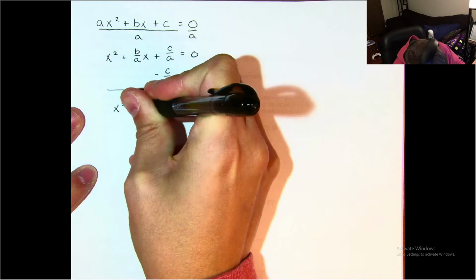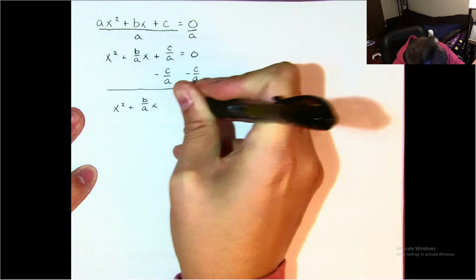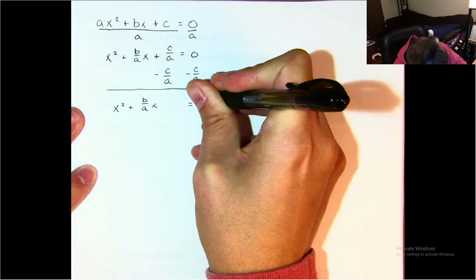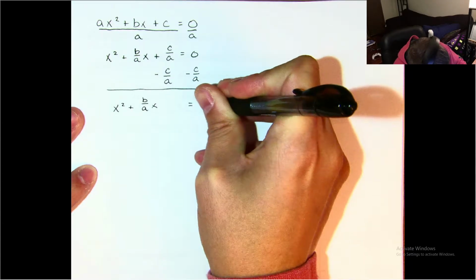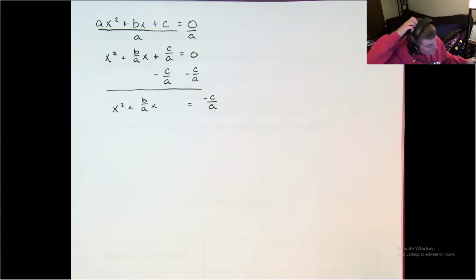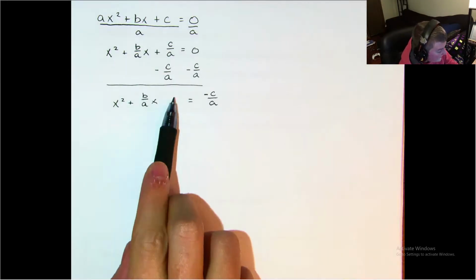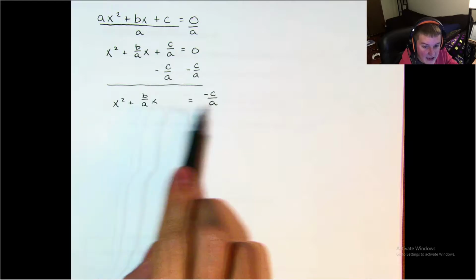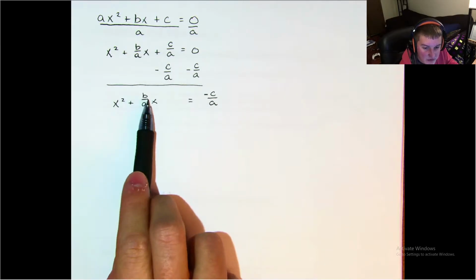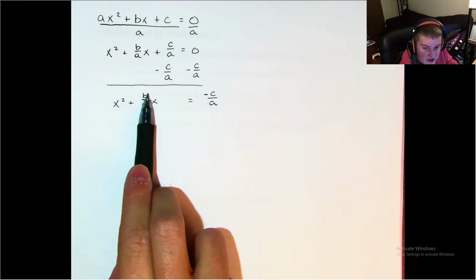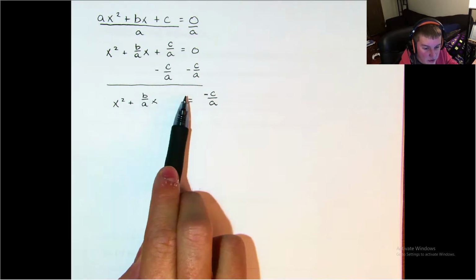All right, and then we get x squared plus b over a x, and that is equal to the opposite of c over a. Okay, so now as I'm looking at this, to complete the square, we have to find that special c value that we would add into both sides. And it's whatever this value is divided by 2 squared, if you recall.